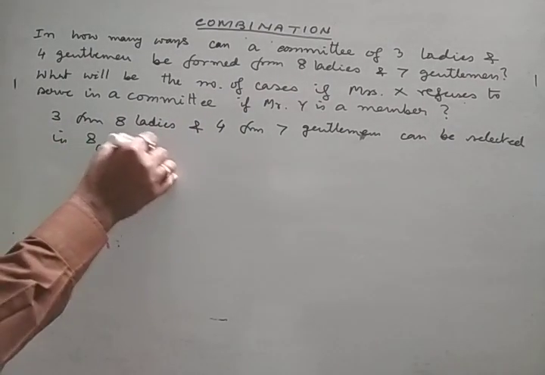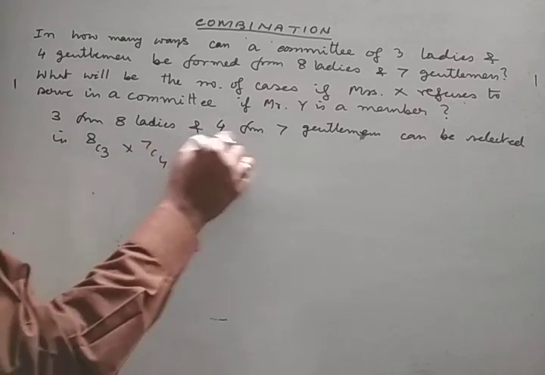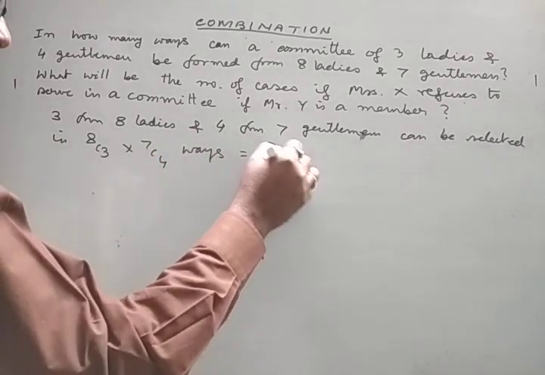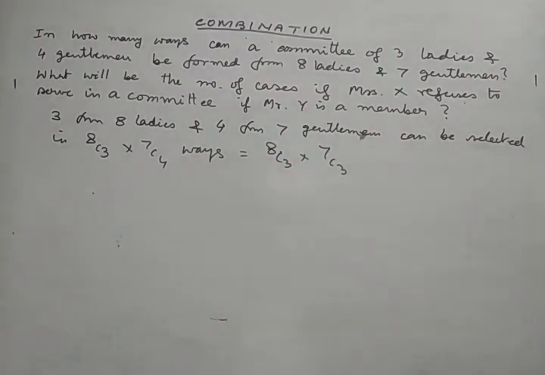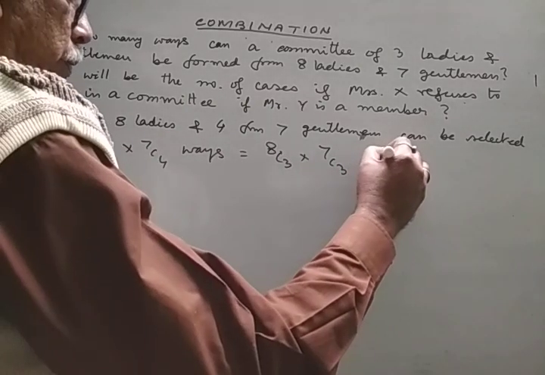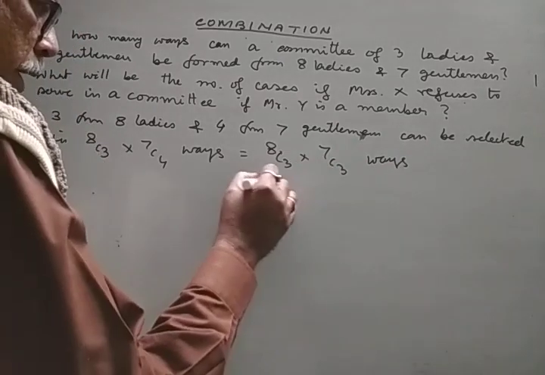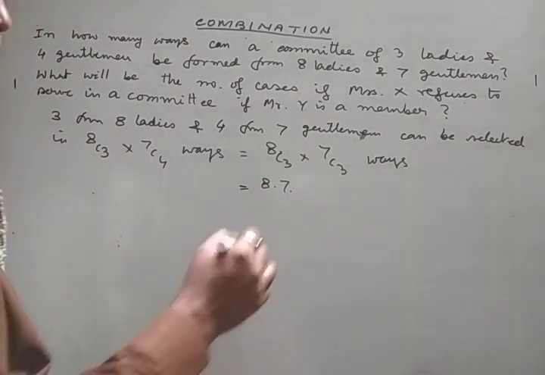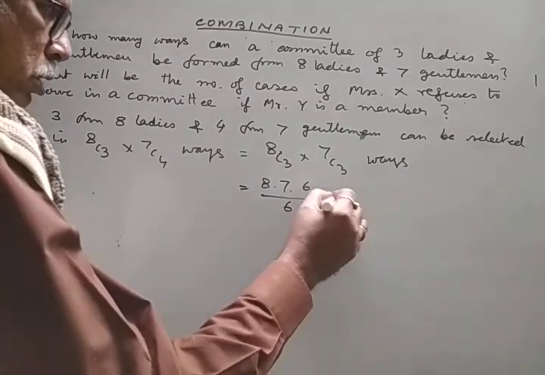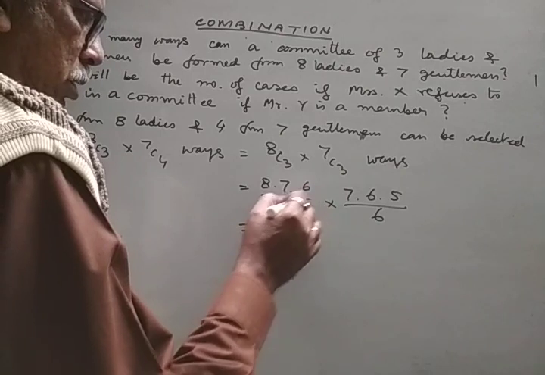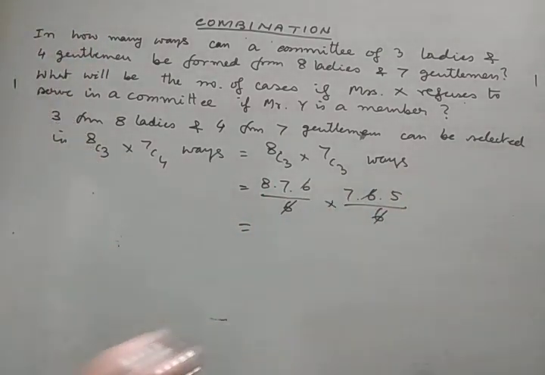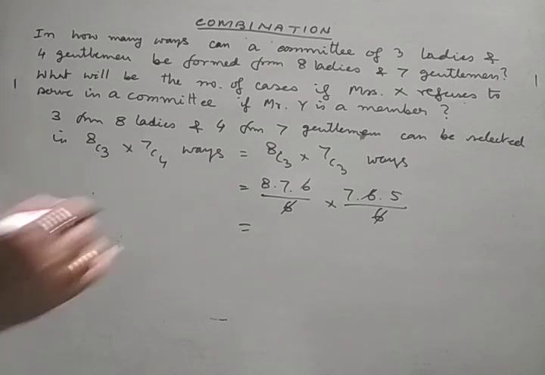8C3 into 7C4, that is 8C3 into 7C3, right? 7C4 के लिए 7C3 लिखते हैं। तो हमने 8 into 7 into 6 by 6, 7 into 6 into 5 by 6, तो 6 6 cancel हो जाता, তাই না? तो हमने 8, 7, 7, 5, multiply করলে কত হচ্ছে?